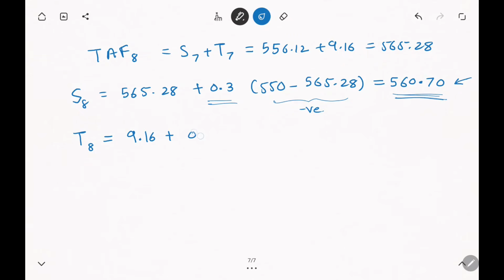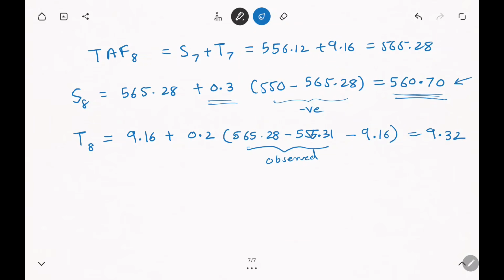Then we update the trend, and trend is updated as T8 is equal to 9.16 plus 0.2 times 565.28 minus 555.31 minus 9.16. So observed trend minus 9.16 multiplied by the smoothing constant, which is 0.2.